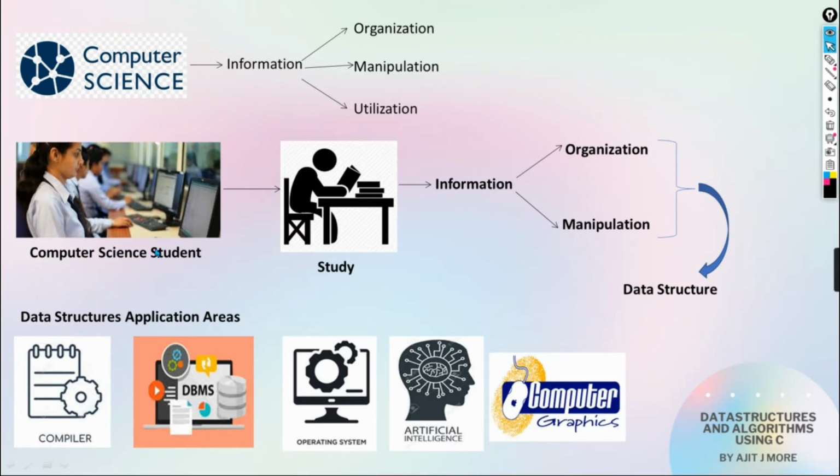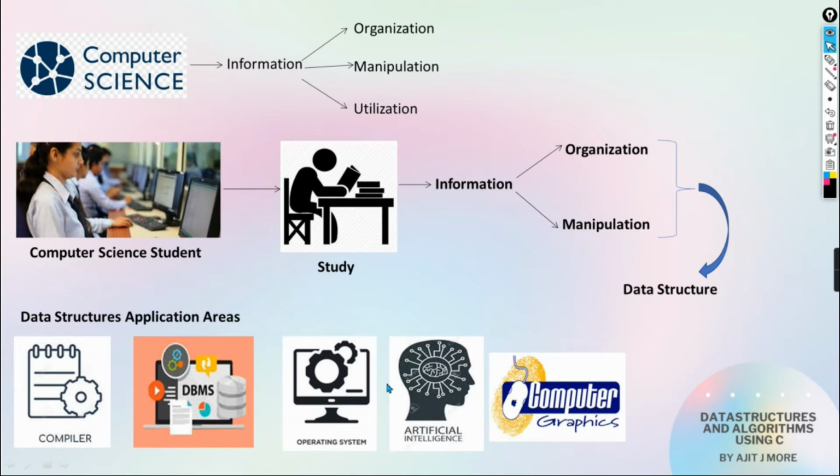What computer science students do is study this information organization, and they study how this organization of information is to be manipulated in different ways. And that organization of information and performing different manipulations makes your data structure.